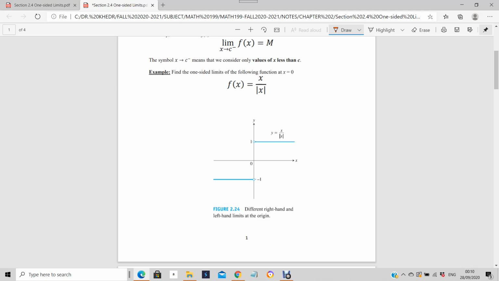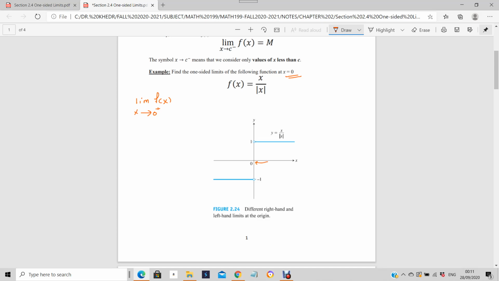So I'm going to write here lim f of x as x is approaching 0 from the right. Why 0? Because the question is asking us to find the limit at x equals 0. So we will approach x equals 0 from the right side, meaning I am moving to x from the right side.